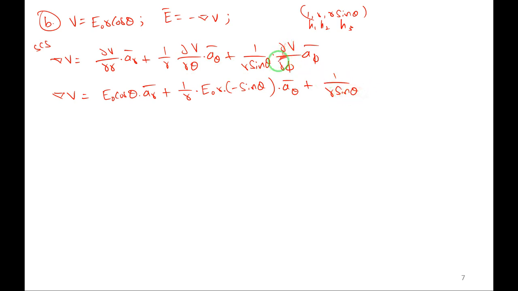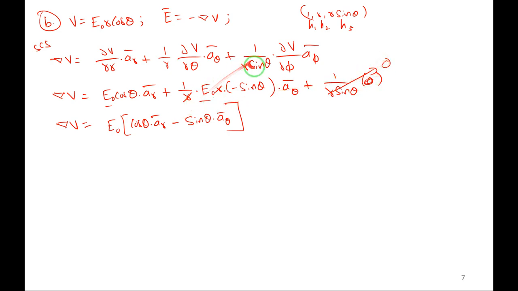Then differentiate with respect to phi. This is constant, so this will be 0, into A phi. No need to write A phi, it will be 0 only, leave it. So del V is equal to E naught taken out: cos theta into AR, the R's get cancelled, minus E naught sin theta into A theta. This will be 0.